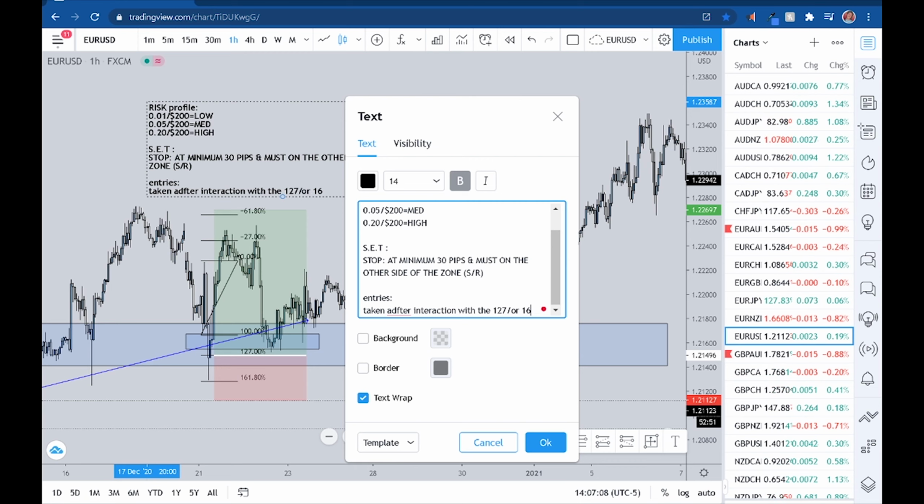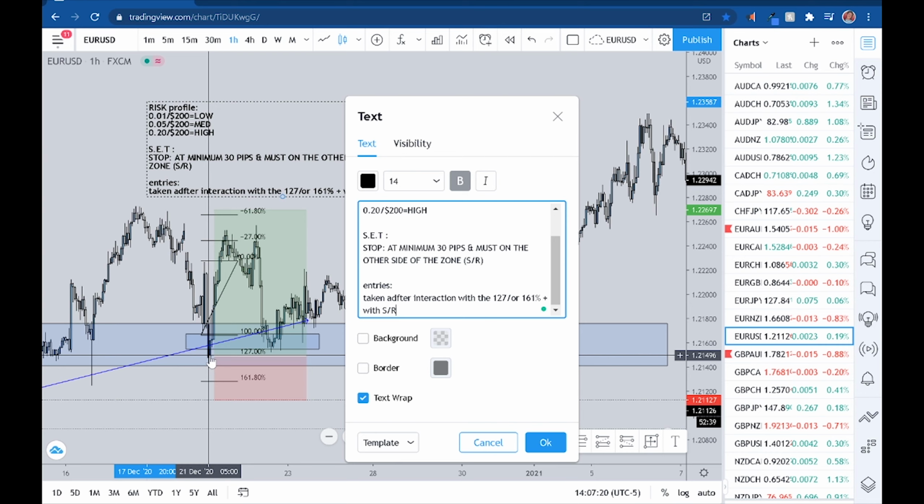Let me add or 121%. So as long as we interacted with those areas, plus with S&R. So the 127 also had to be in confluence, when we talked about the confluence video, with the moving average, the trend lines, the Fibonacci. Same thing goes here.